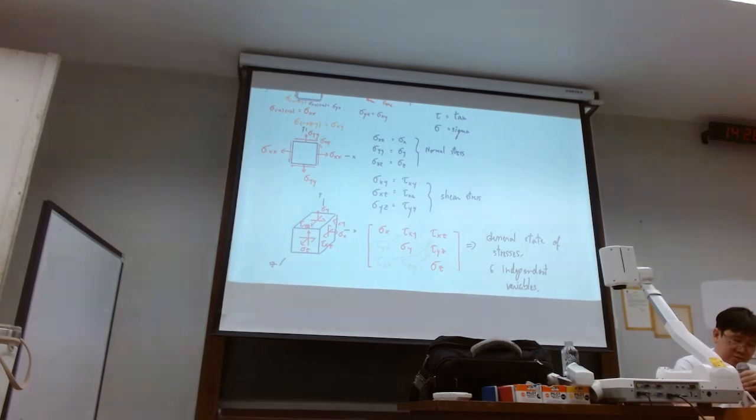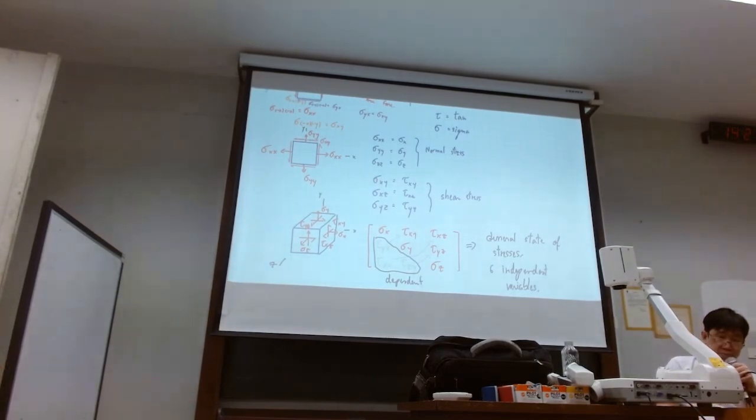But the total that we're missing would be in those gray color, or I'll highlight them as black. These are dependent. So state of stress would be those.